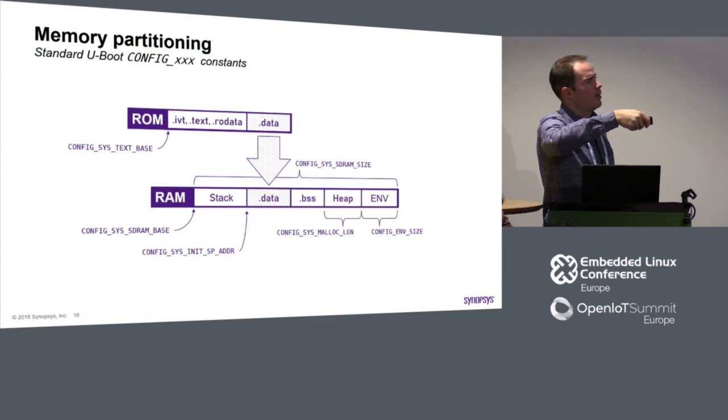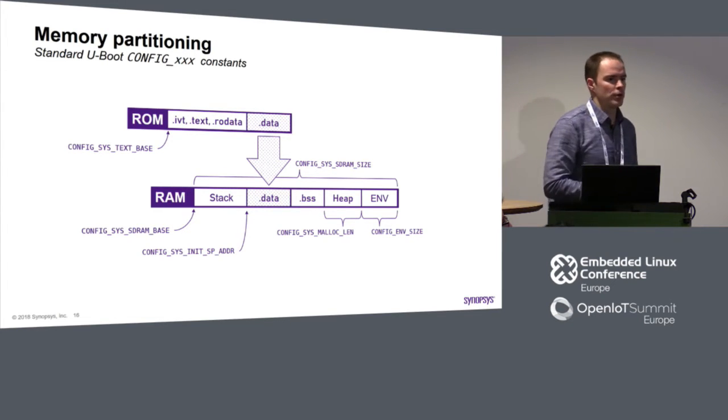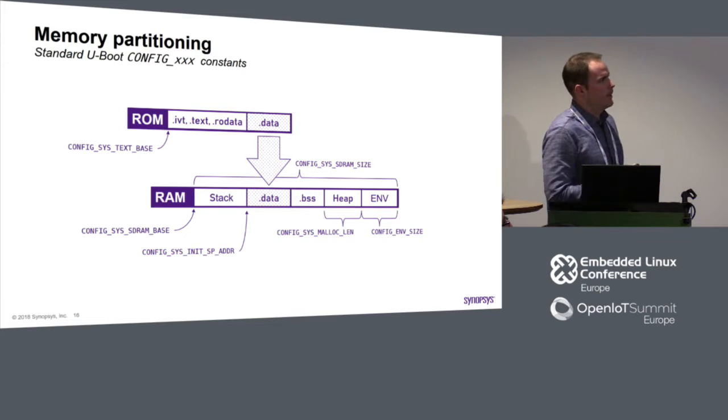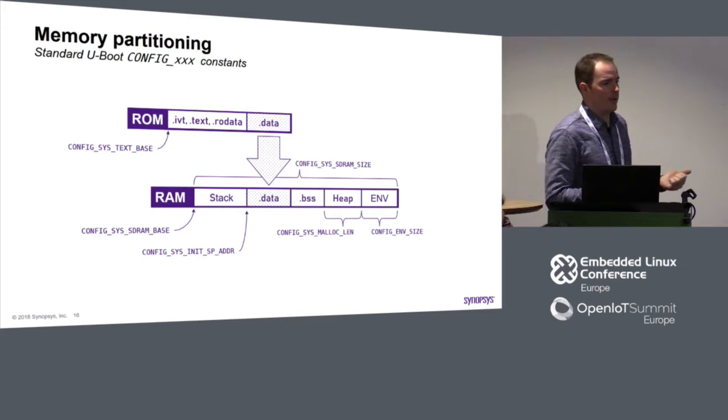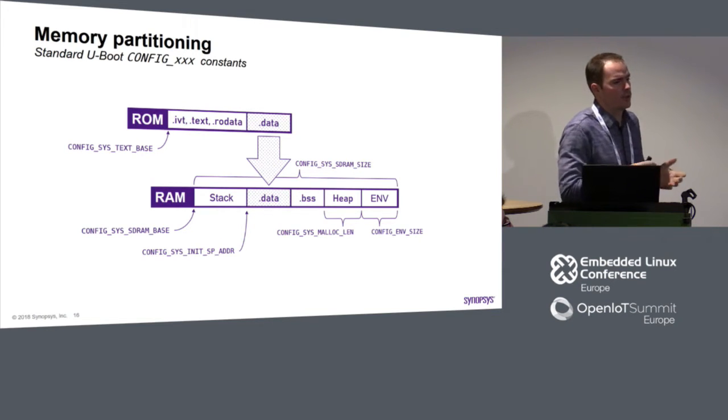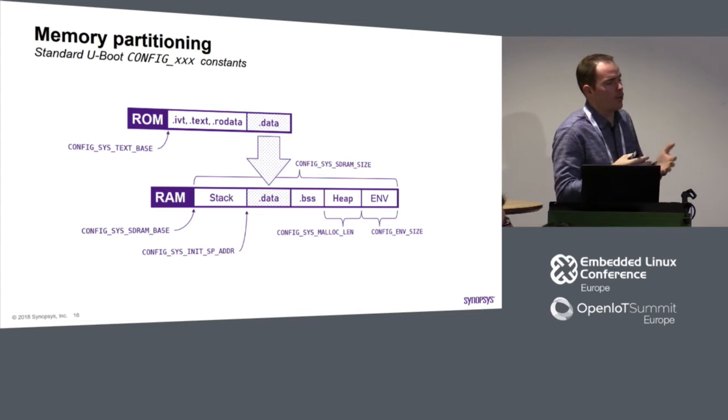It sounds like a simple thing, but there are two questions we need to answer first. First, okay, we need to copy data, but where are we going to copy that? Because we have a relatively large RAM, and at which location? In the beginning, in the end, or where?